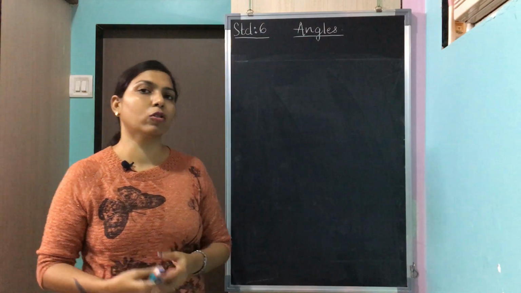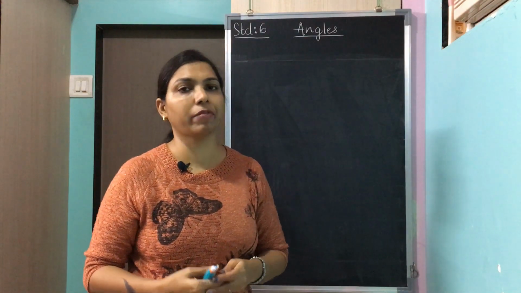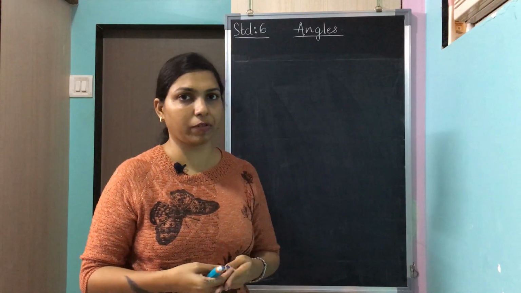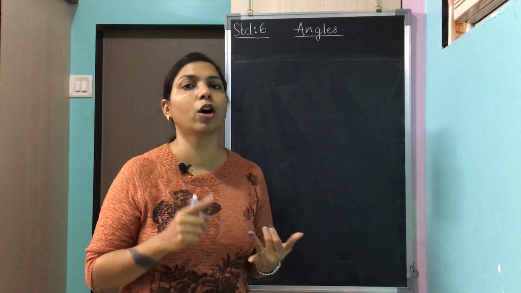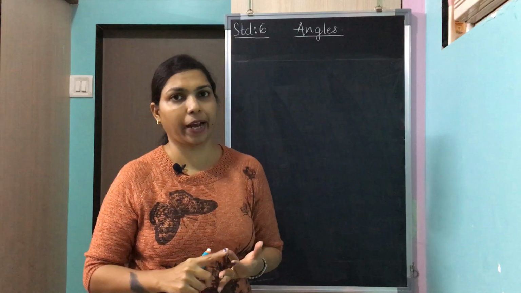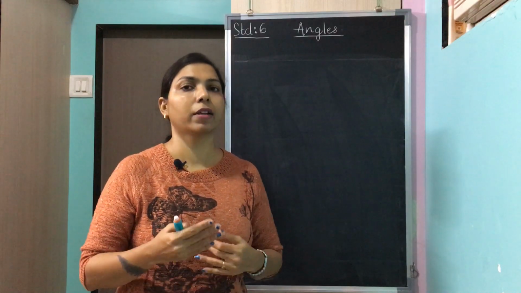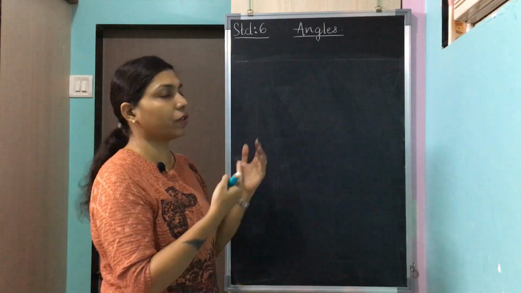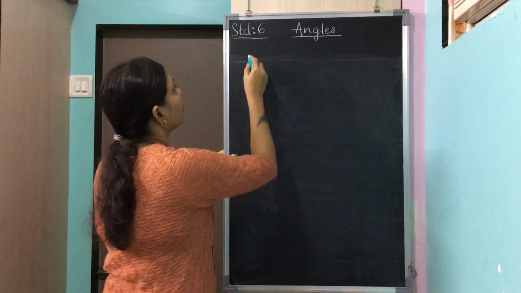Now we will look at different types of angles. I know that you have learnt about three basic types of angles, that is right angle, obtuse angle and acute angle. But apart from this, there are a few more types of angles that you will be learning about. So first let us write it down.